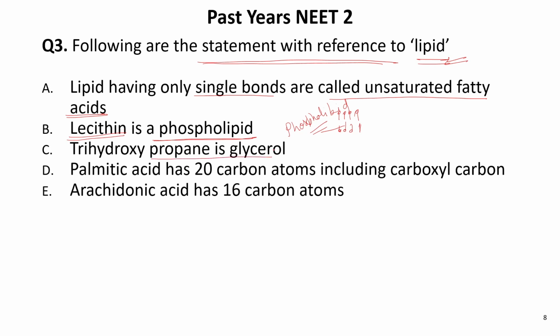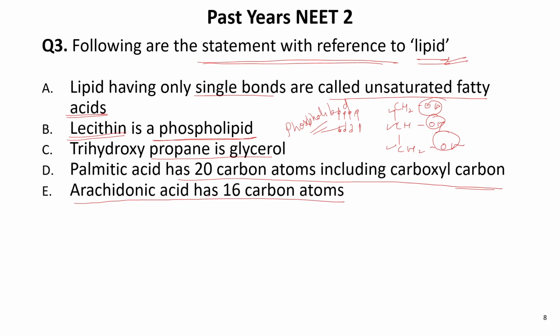Trihydroxypropane is glycerol. So here we are having CH2OH, CHOH, CH2OH. So this is propane, meth, eth, prop, and trihydroxy because it is having 3 hydroxyl groups. Palmitic acid has 20 carbon atoms including carbonyl carbon, and arachidonic acid has 16 carbon atoms.